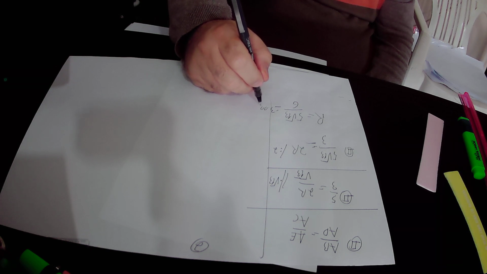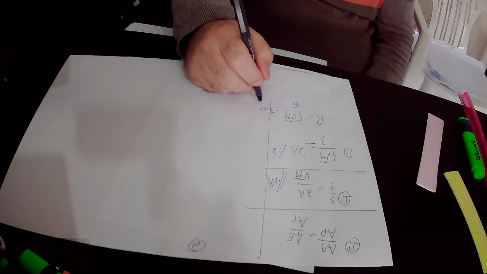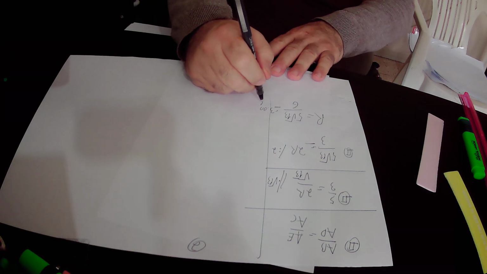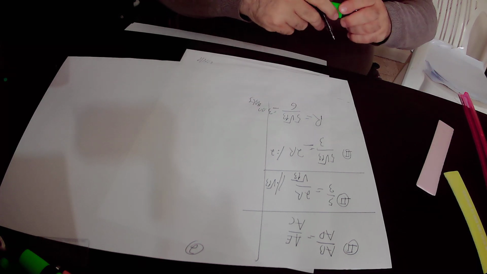And the other digits are not 0, so it is a little bit greater than 3 units. Okay? So we finished with the first method.